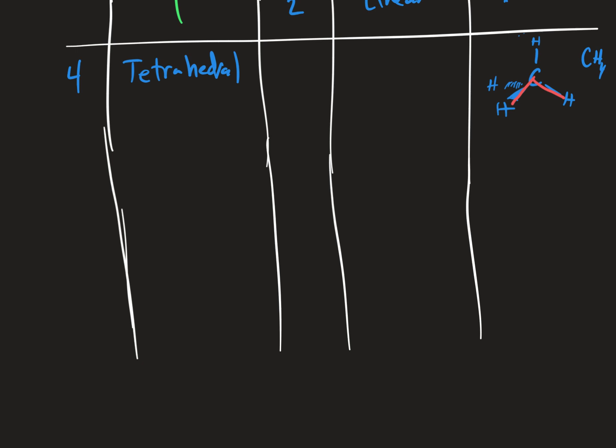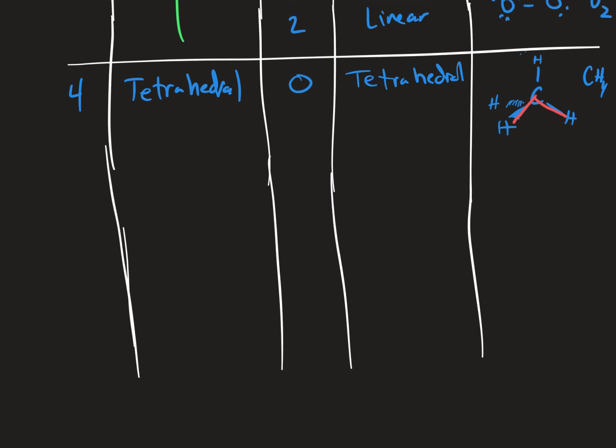And if we have, methane is 0 lone pairs, and so the molecular geometry is still tetrahedral. You see a pattern here, guys?